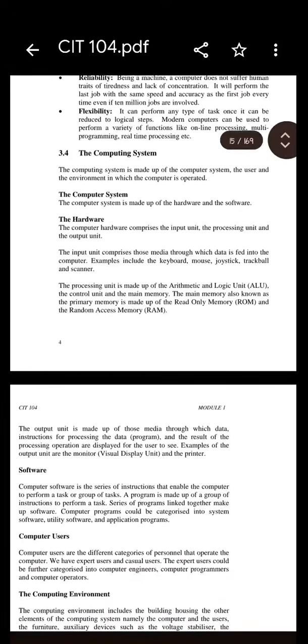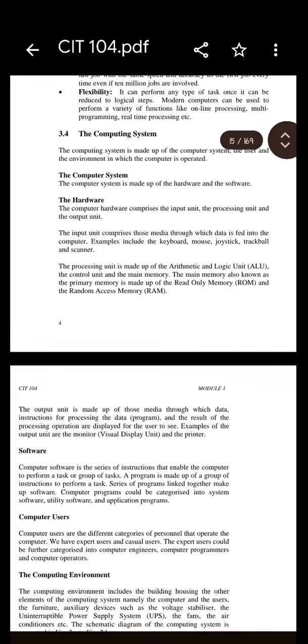Now the input unit consists of those things that we use to put data into the computer system. Anything that we use to feed data into the computer system is called the input unit. For example, the keyboard. We use the keyboard to feed data into the computer system. We have the mouse.